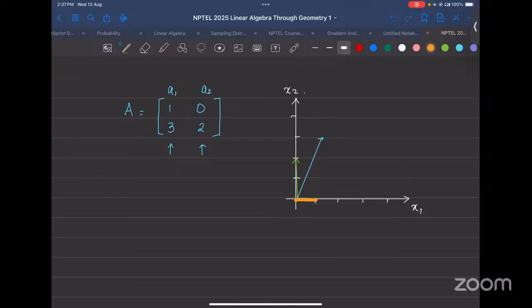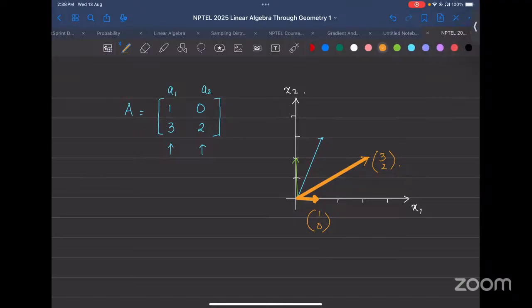That will be my first vector. The other vector is going to be 3, 2. This is my 1, 0 vector, and that is my 3, 2 vector, which correspond to the row vectors.